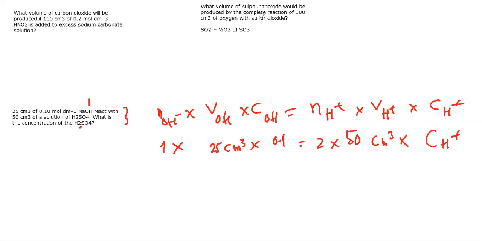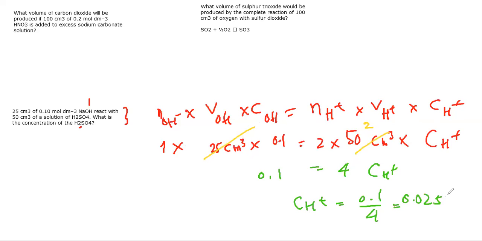So you can cancel this one. So cancel, right? And then it's actually 2, so now I have 4, and then this one is 0.1 equals C_H+. So the concentration of H+ will be 0.1 divided by 4, which is 0.025.